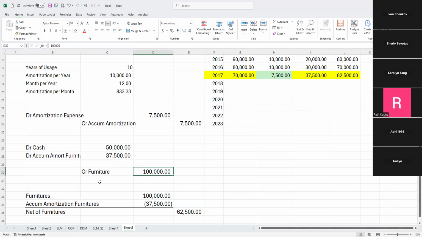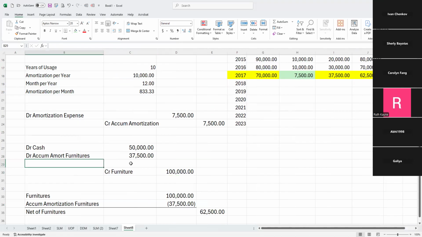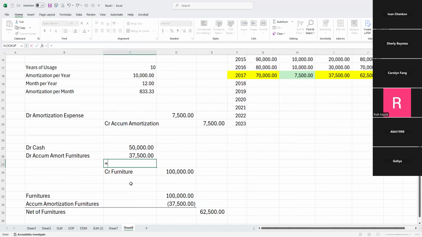What's the last thing that I have to figure out? Where is my debit? Where is my credit? Am I short on the debit side? Am I short on the credit side? On which side am I short now? Short on debit. How much am I short on debit? This one minus this one minus this one. 12,500.